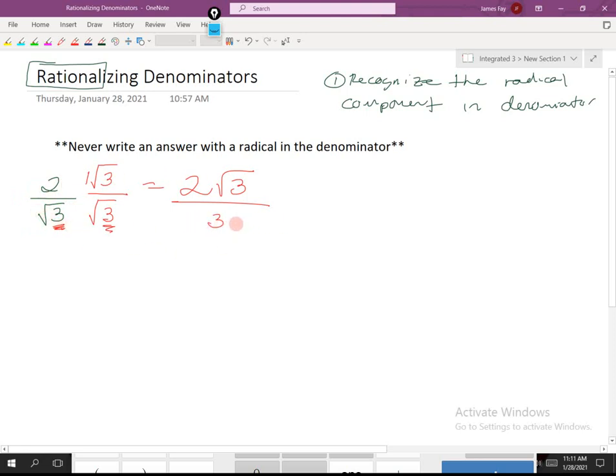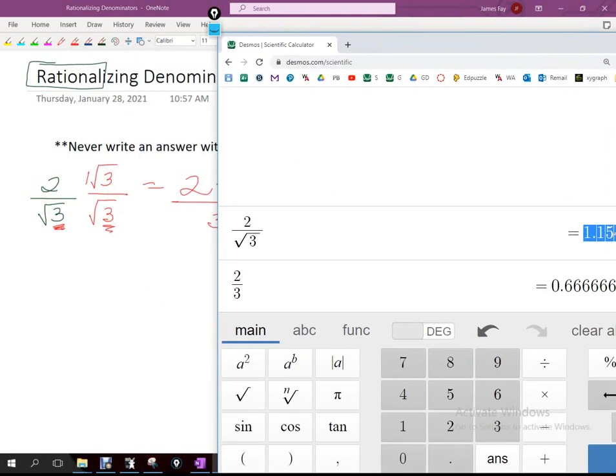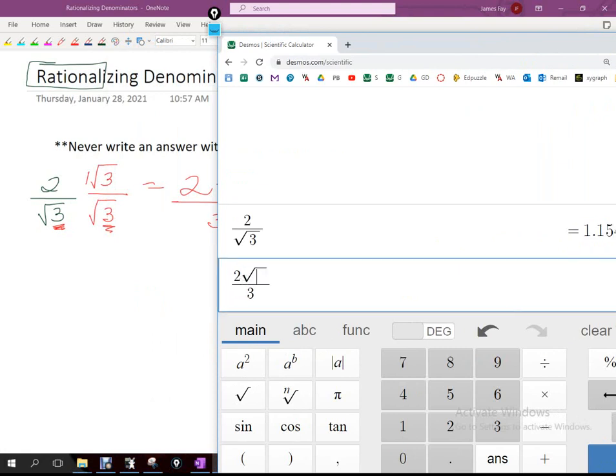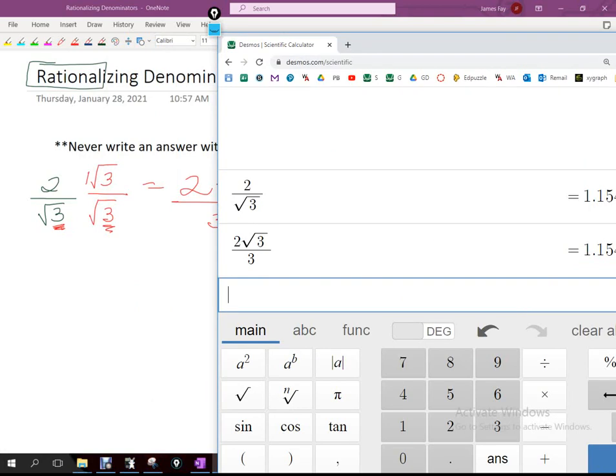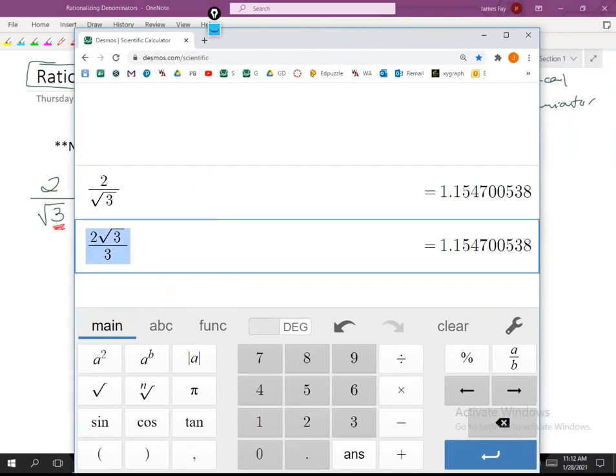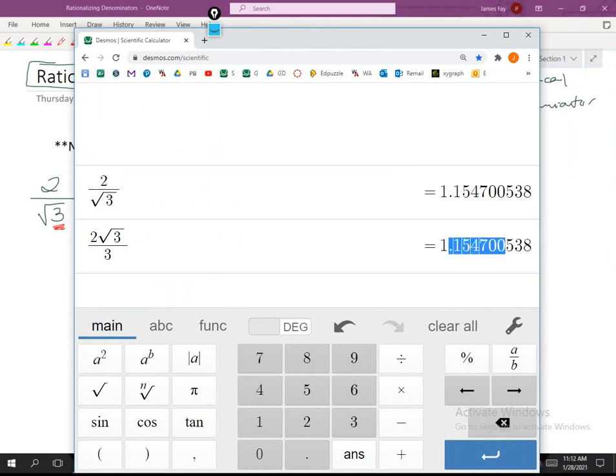Irrational has become rational, so that's called rationalizing a denominator. Now if we look at typing this in, do we see that we changed the way it looked, but we didn't change the overall value of it? That's what we refer to as rationalizing a denominator.